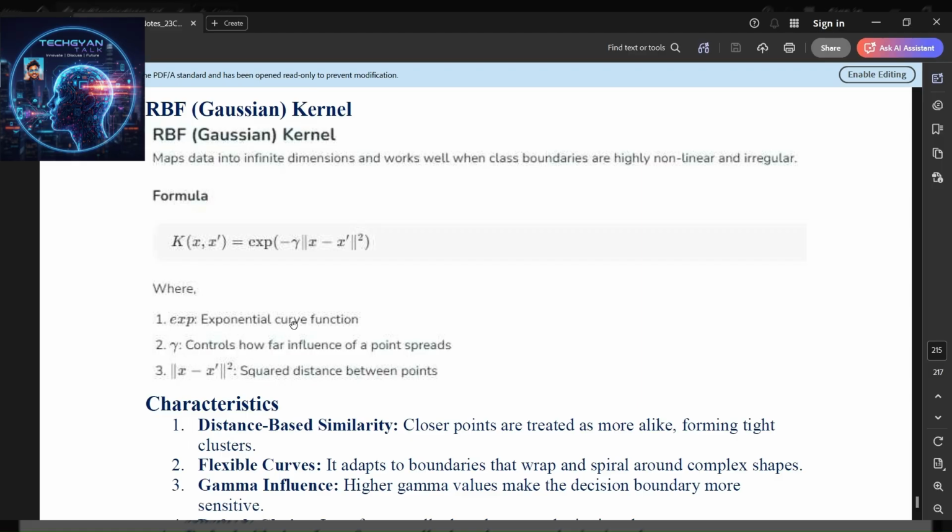Its formula is given by k(x, x') = exp(−γ ||x − x'||²), where exp is the exponential function, gamma controls how far the influence of a point spreads, and ||x − x'||² is the squared distance between the points.